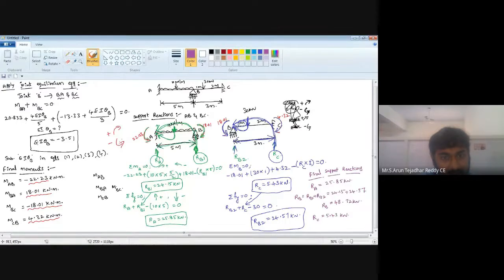The concept is the same for all the problems. There are no changes. You can take each and every problem, but the concept is the same. We have to follow all these steps, that's it.